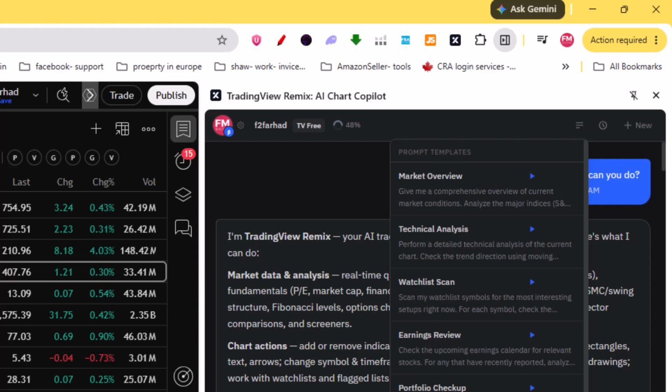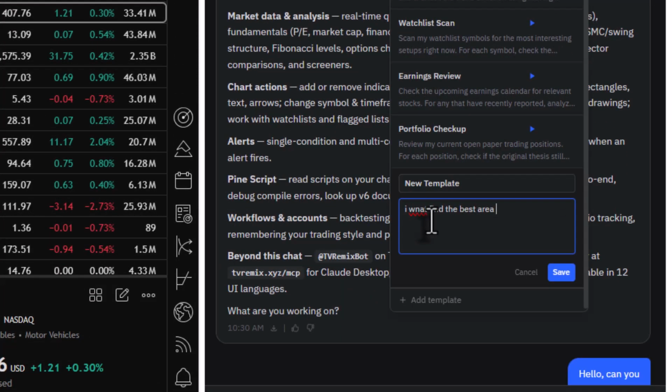I want you to find the best area of VWAP that the price is bouncing off, and mark it as the area of interest and entry.